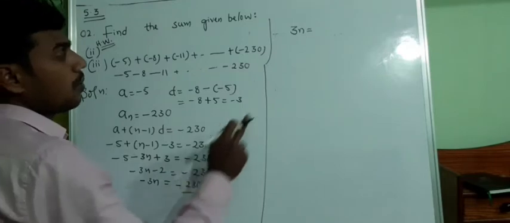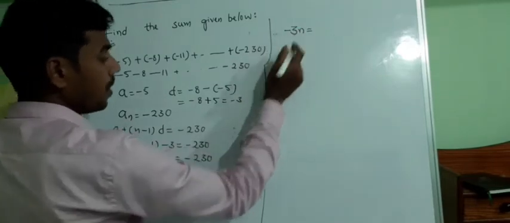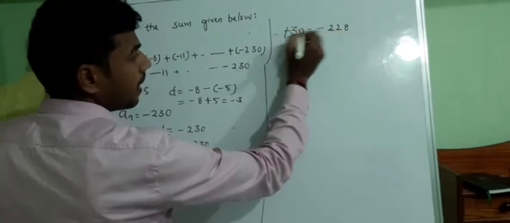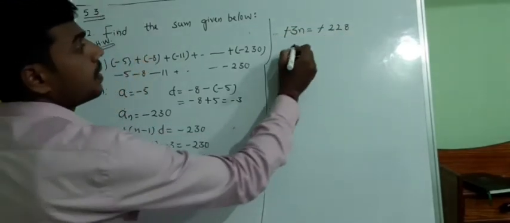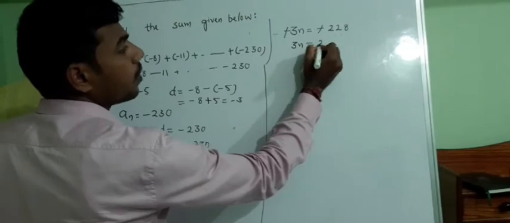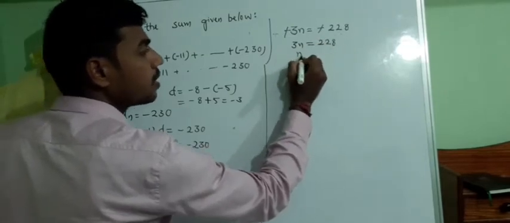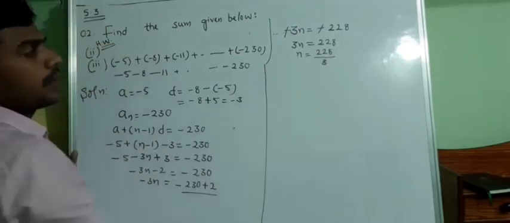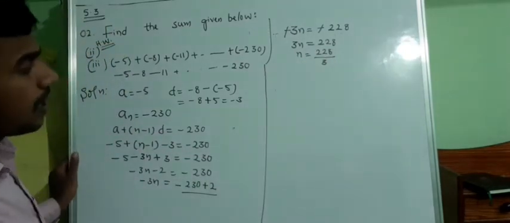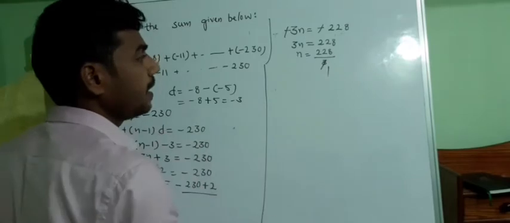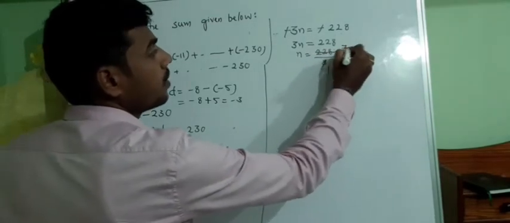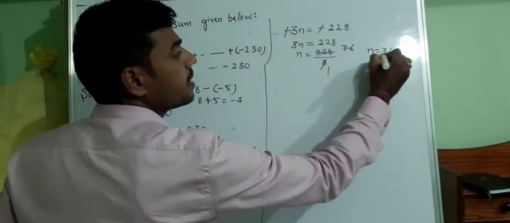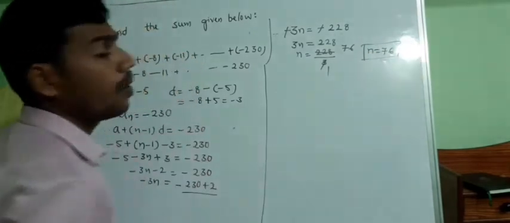Minus 3n is equal to minus 230 plus 2, that is minus 228. Now I can cancel. 3n is equal to 228, or else n is equal to 228 divided by 3. 8 plus 2, 10, 10 plus 2, 12, 12 is a multiple of 3, so directly I can divide. 3 1s are 3, 3 7s are 21, 3 6s are 18. So the number of terms will be equal to 76. I can easily calculate the sum now. How can I calculate?